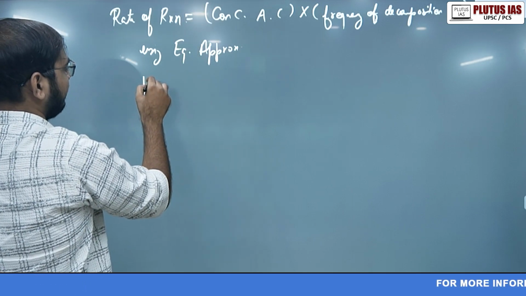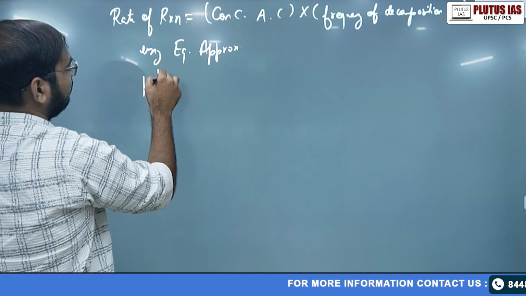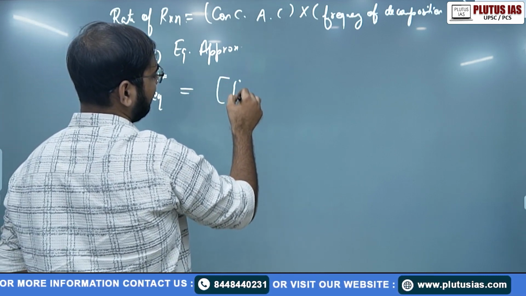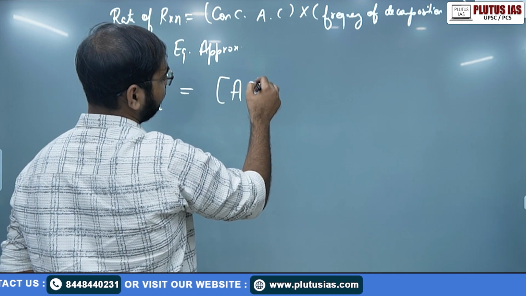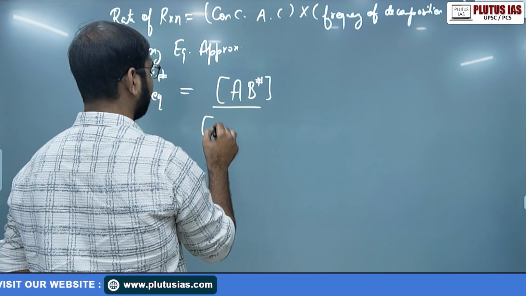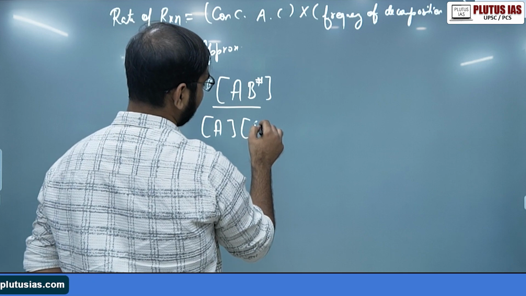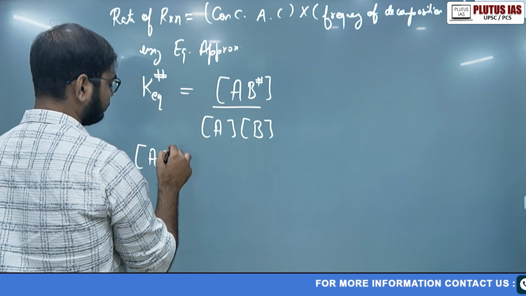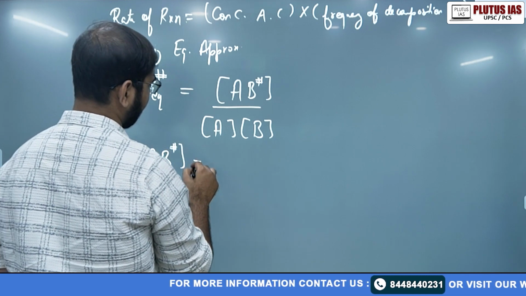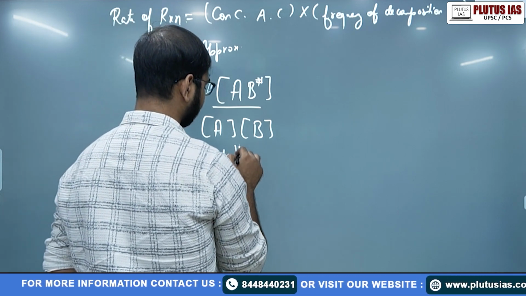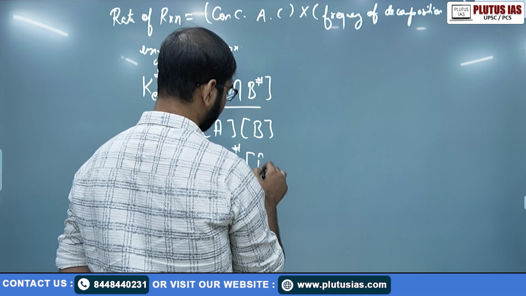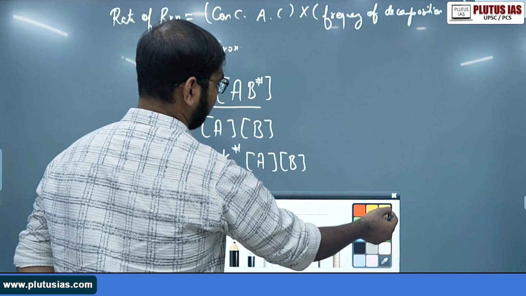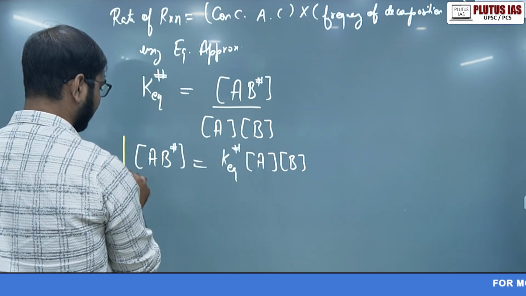The equilibrium constant for the formation of the activated complex is given by the concentration of the activated complex divided by the concentrations of reactants A and B. So the concentration of AB hash equals K equilibrium times A times B. So we have found the concentration of the activated complex.